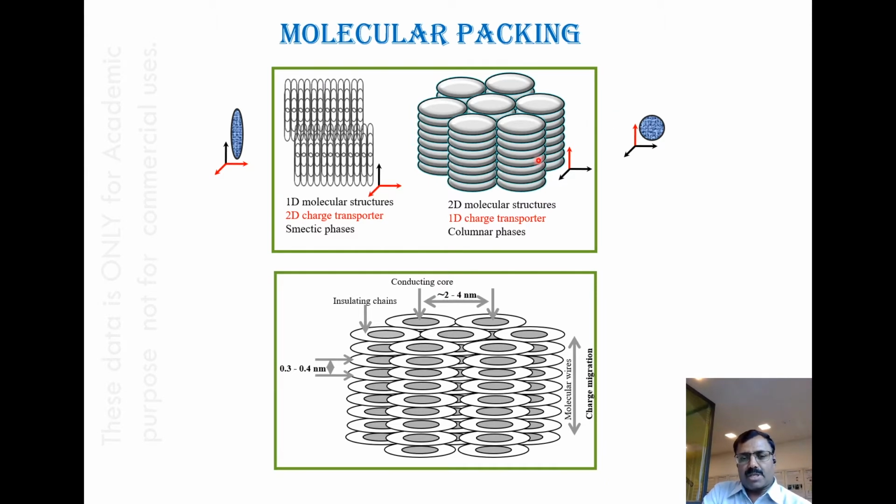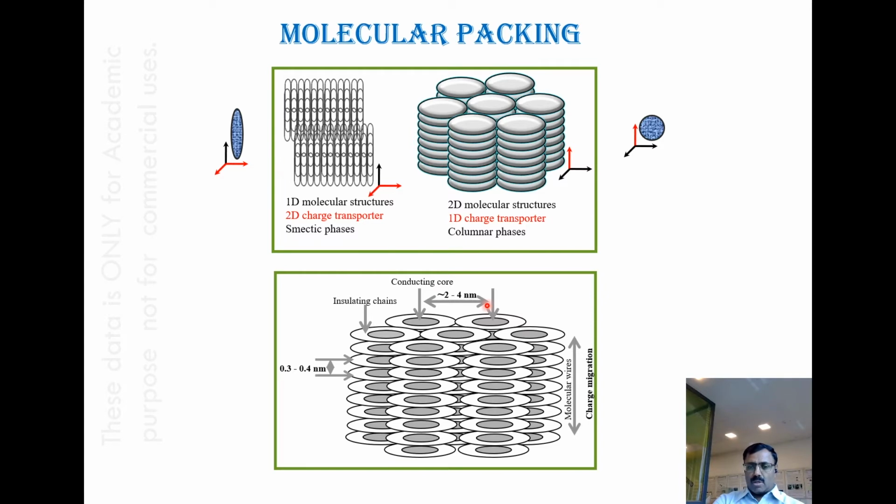This type of molecule you can see in this molecular pattern. The gray area is called the conducting core, which is nothing but the benzene-type molecular structure, and there is a space between these two. You can see the whitish area, which is called the aliphatic area, in which rings are connected separately. This is proven by XRD.